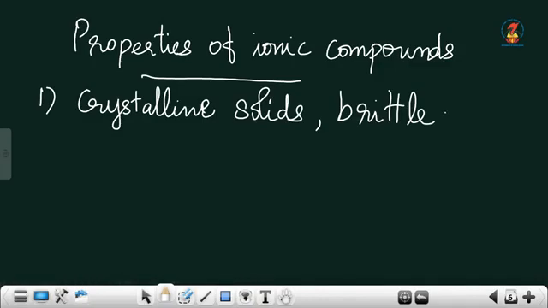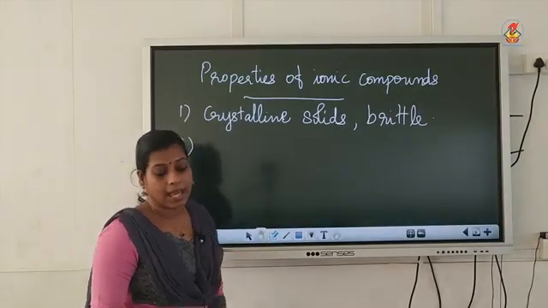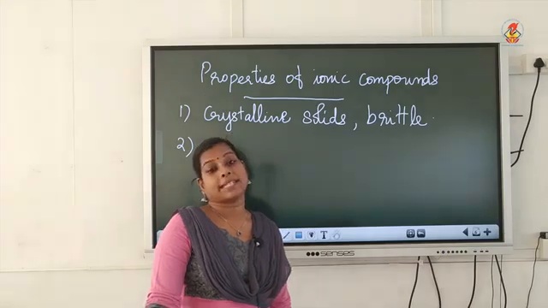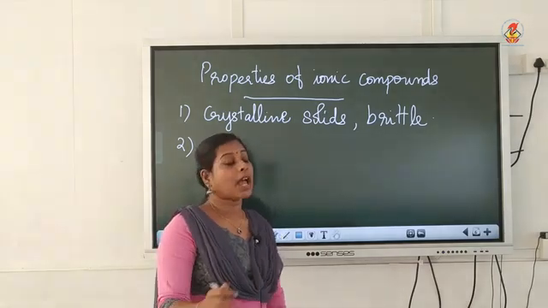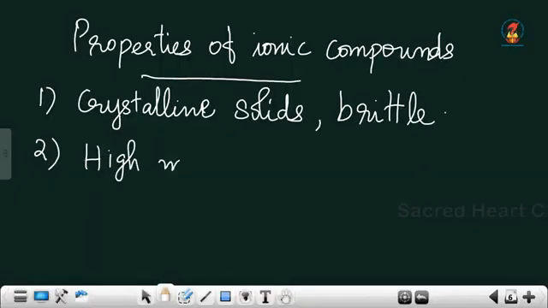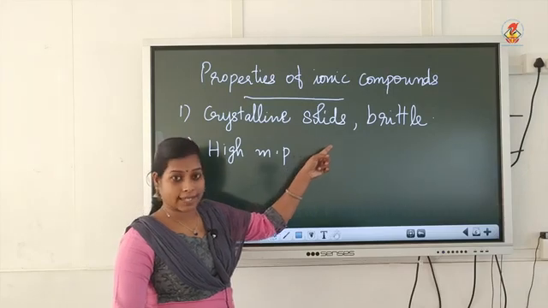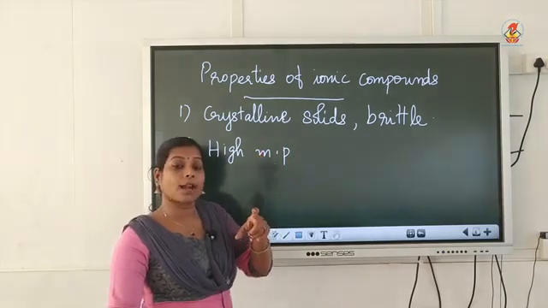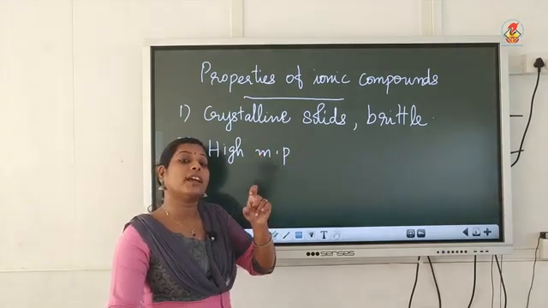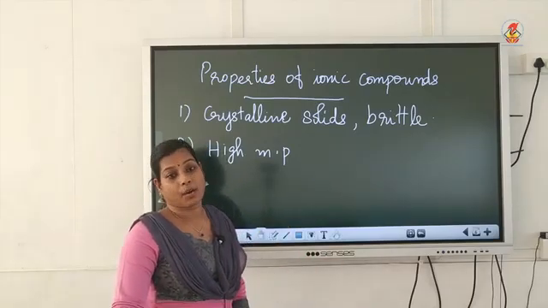Okay. Now the second property of ionic compounds, we can see that they have a high melting point. Why do they have a high melting point? Because we know that they exist in the solid state. And in that solid state, they have a very high force of attraction between the oppositely charged ions.